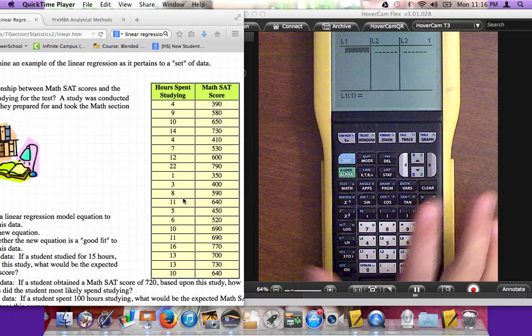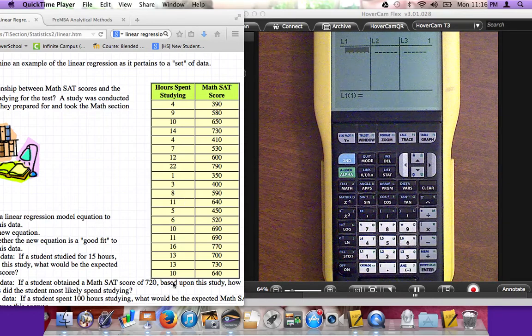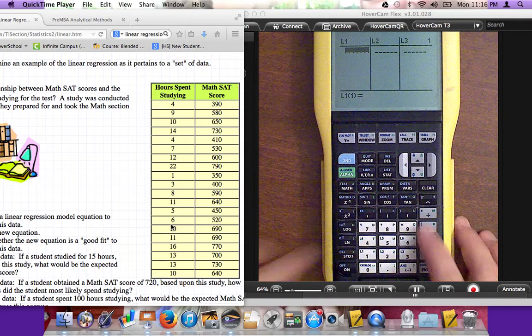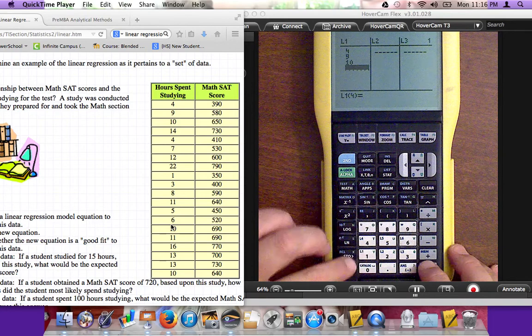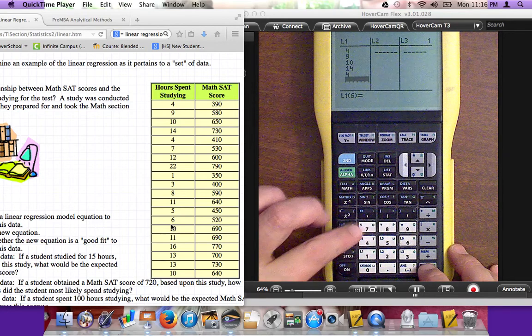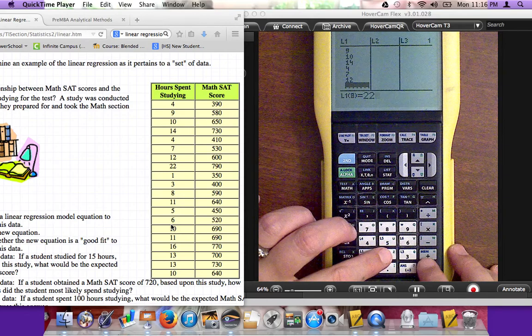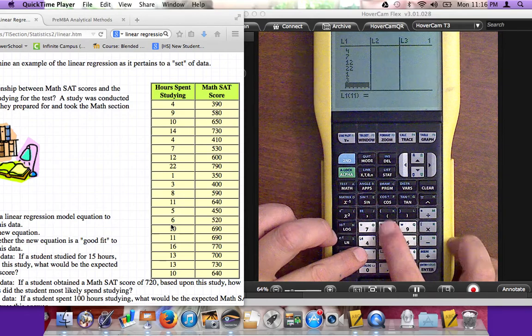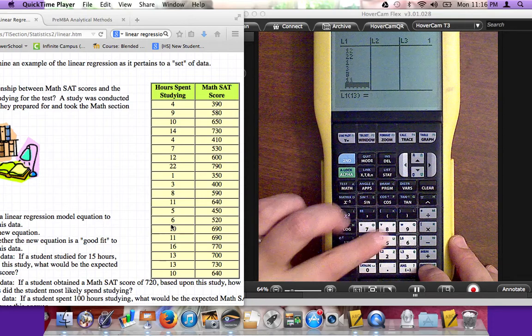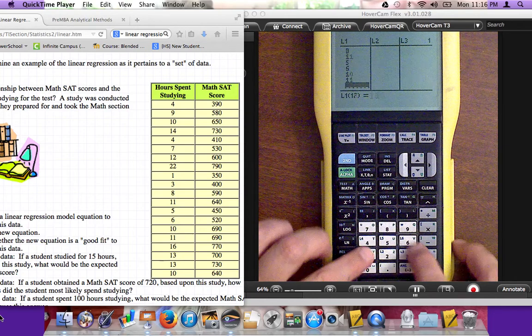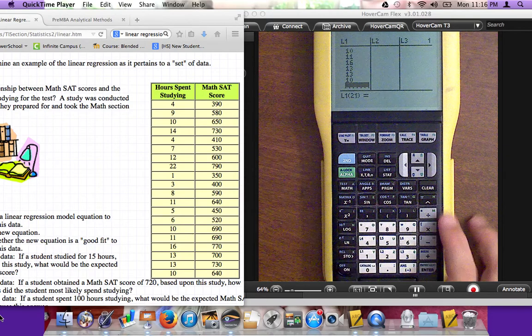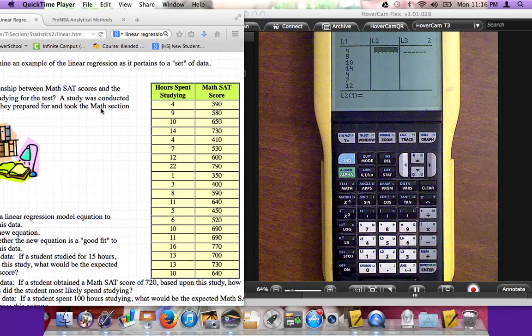Just don't hit Delete. And now I'm going to start by entering this first column of numbers under L1. So bear with me here. You could be doing this along with me. Okay, so 20 numbers in that list, which means my L2, which is going to be the SAT score, better have 20 numbers as well.